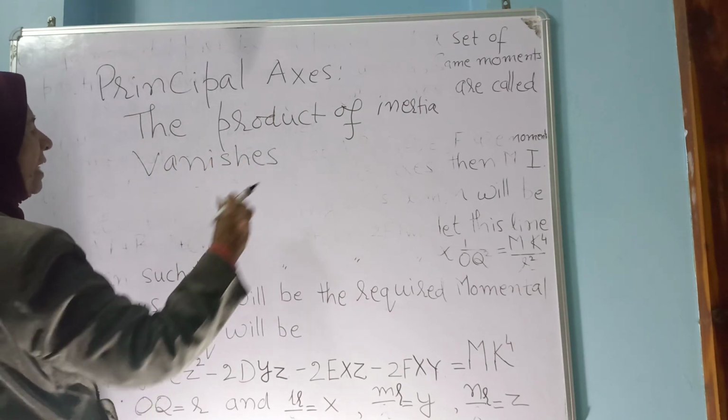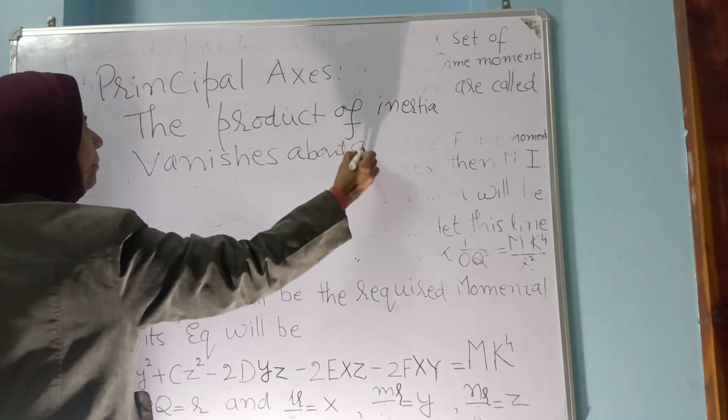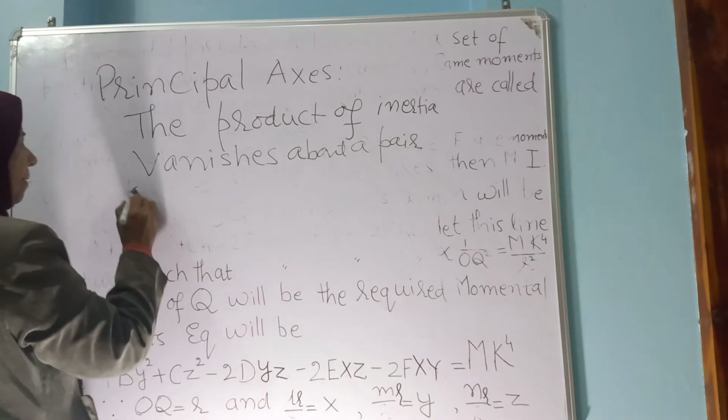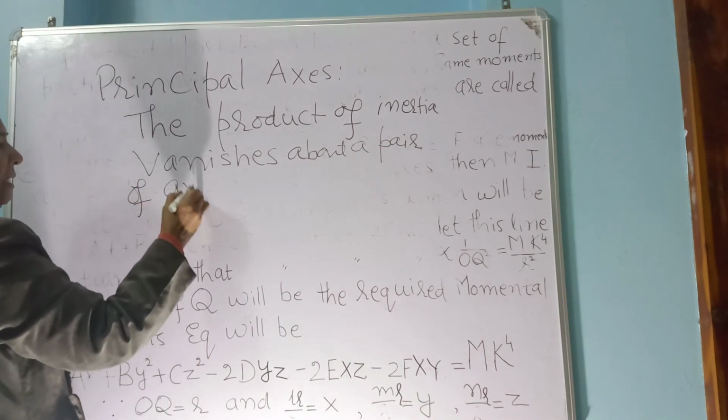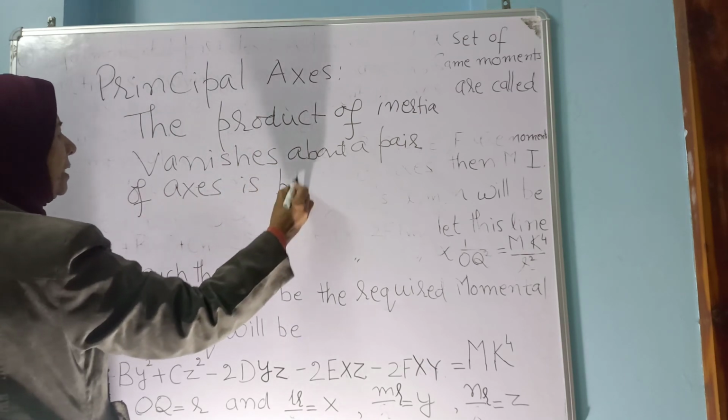A pair of axes about which the product of inertia vanishes is termed as principal.